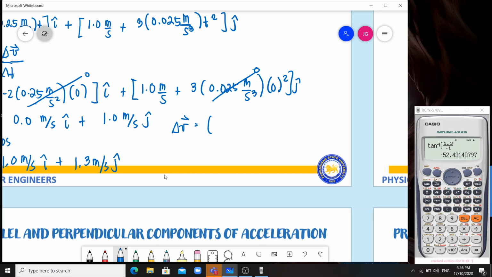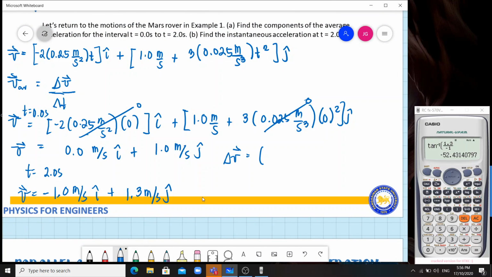Apply natin yung natutunan natin sa unit vectors. Ito yung V2 natin.